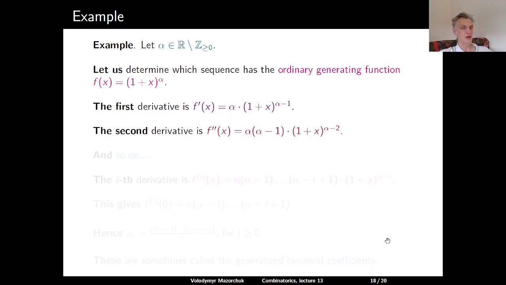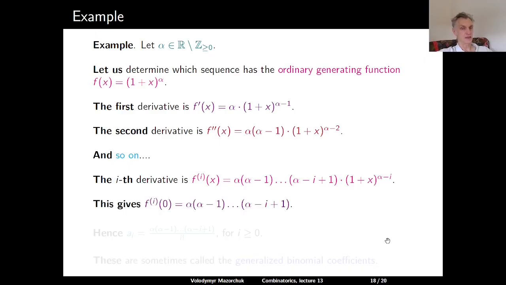The second derivative is alpha times (alpha minus 1) times (1 plus x) to the power alpha minus 2, and so on. The i-th derivative f upper i of x is given as alpha times (alpha minus 1) times and so on times (alpha minus i plus 1) times (1 plus x) to the power alpha minus i.